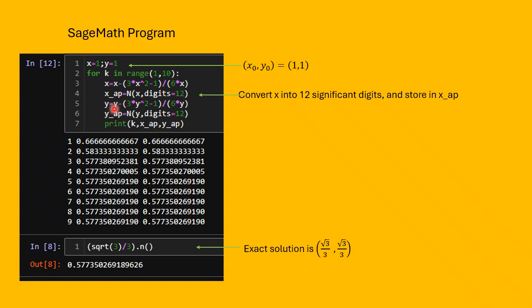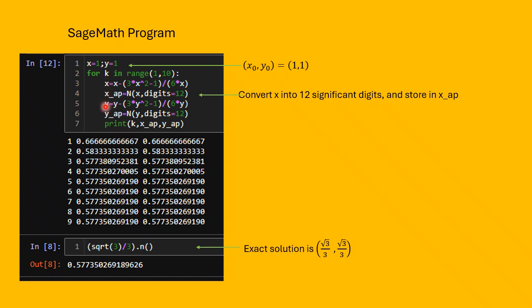Down here, y equals y minus this fraction. We take the old value, y sub n, we calculate this stuff with it, and we store it back in the variable y. But in this case, when this is executed, the new value will be y sub n plus 1.